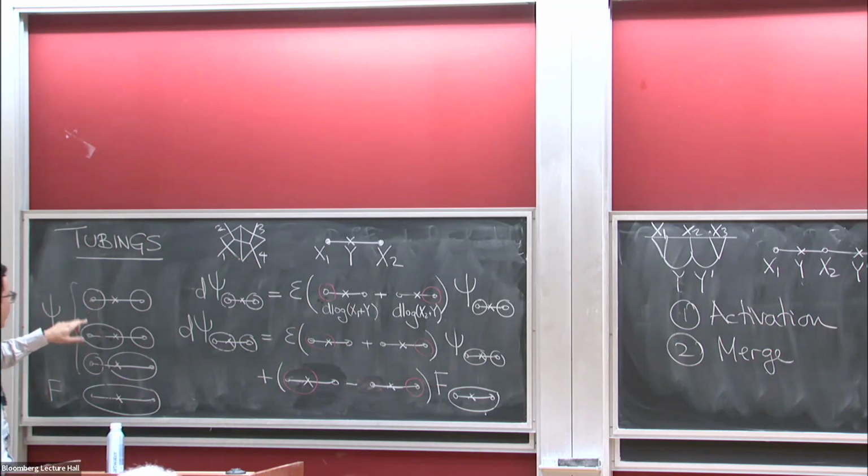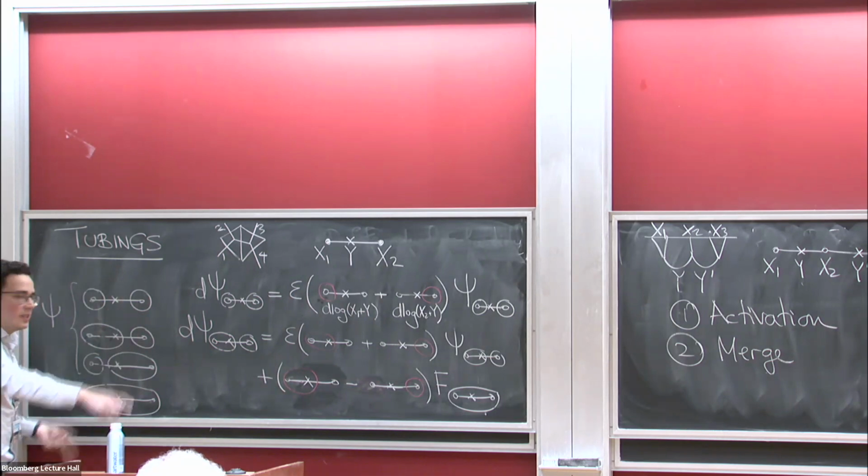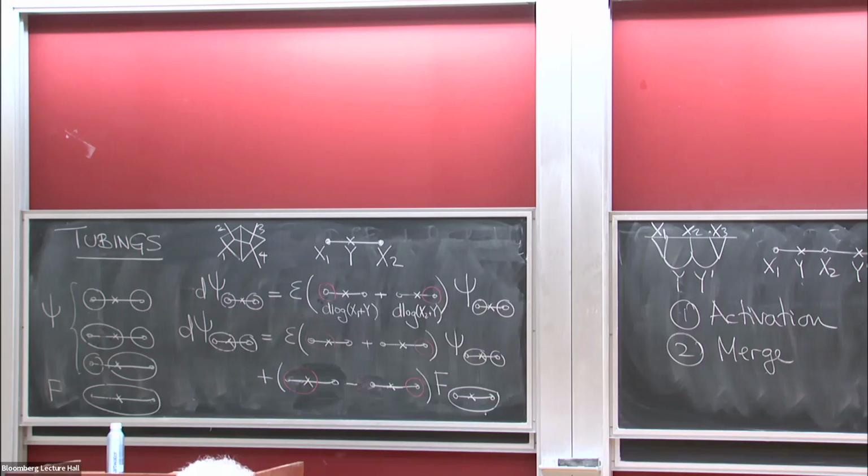For example, this guy here will give 1 over (x1 plus y) times (x1 plus x2). It's not going to have the three poles; it's going to have just part of the answer. Then when you put everything together, you have the usual answer. In flat space, they all definitely have spurious poles. But you can solve the differential equation in such a way that each of these individually doesn't have spurious poles, by boundary conditions.